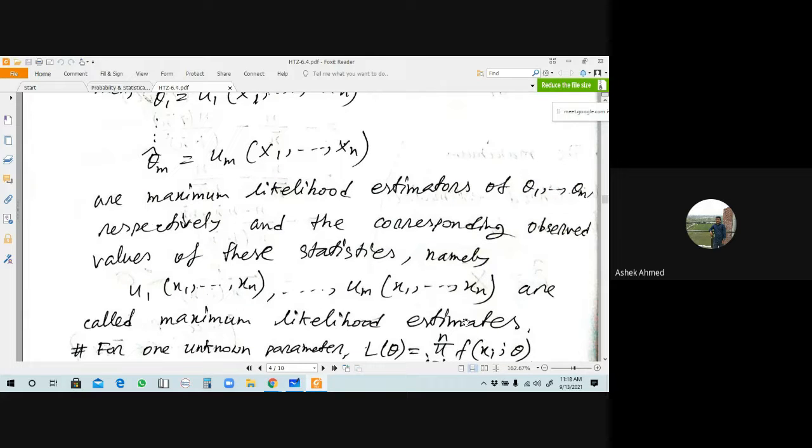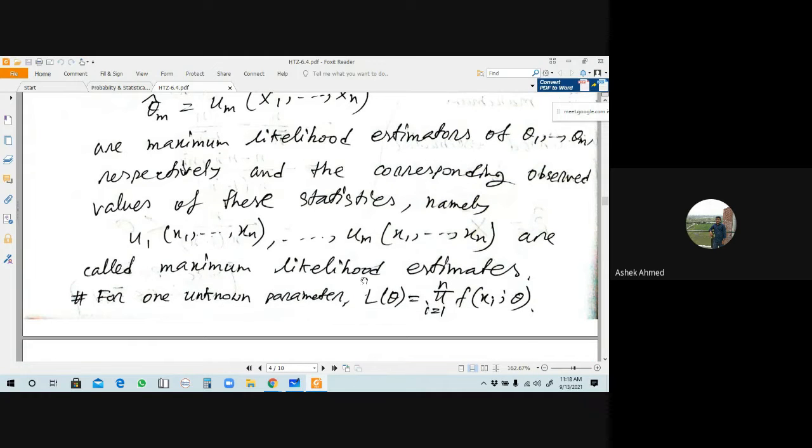Okay. The corresponding observed values of these statistics, namely u1 of x1 dot xn comma dot u suffix m of x1 dot xn, are called maximum likelihood estimates. Okay, for one unknown parameter we can define the maximum likelihood estimator.